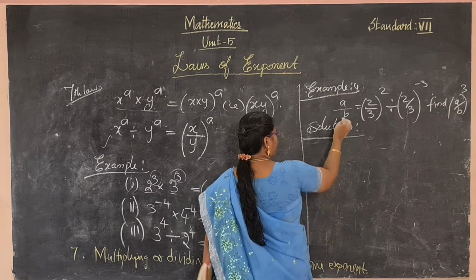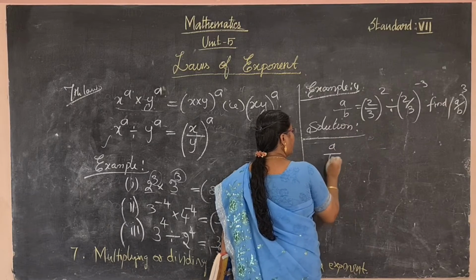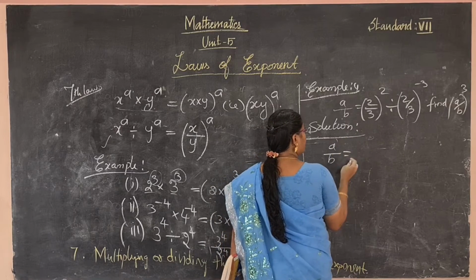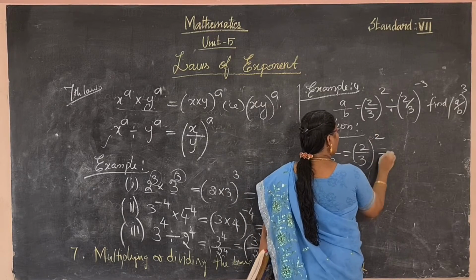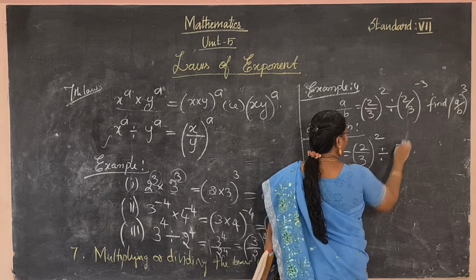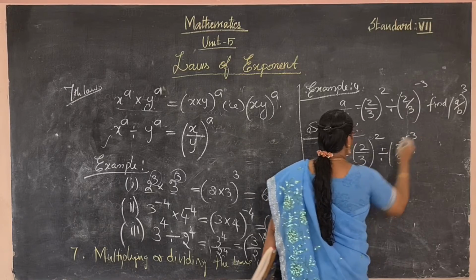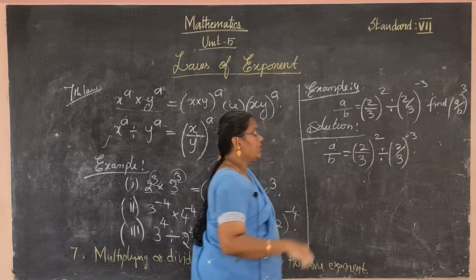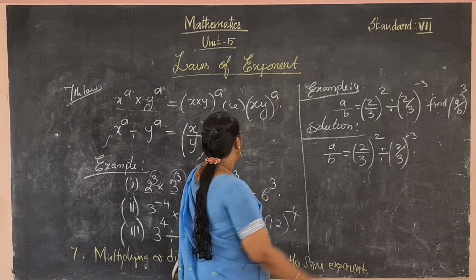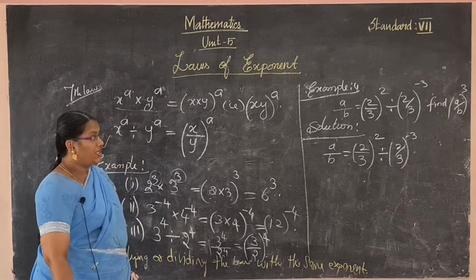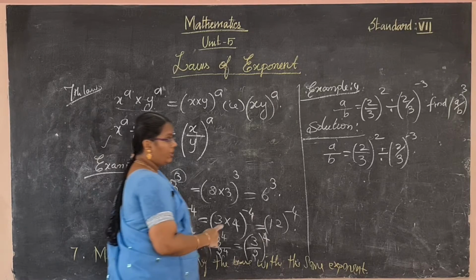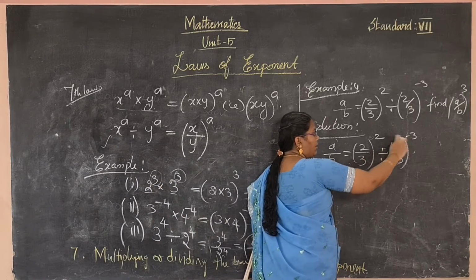Okay, so solution. First we have to calculate the value of a by b. So a by b is equal to 2 by 3 the power of 2 divided by 2 by 3 the power of minus 3. So how can you write? This is in the form of division, dividing the base with different powers.